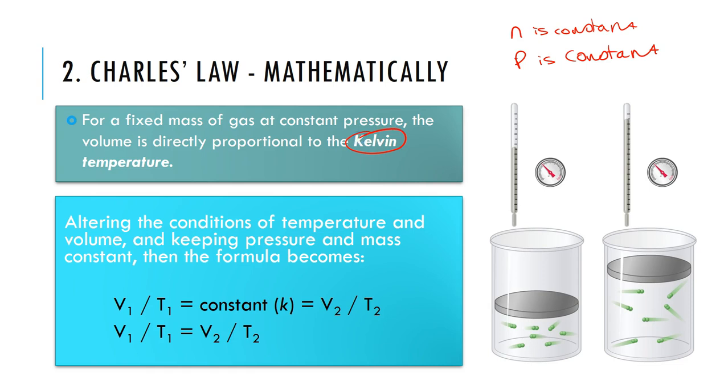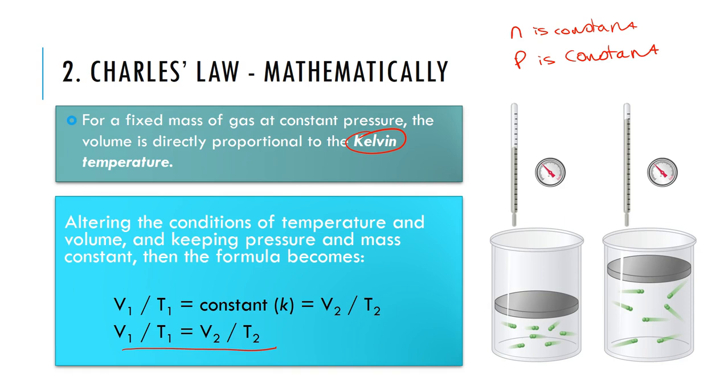So if we alter the conditions of temperature and volume, then what we get is V1 T1, V2 T2, taking exactly the same form as Boyle's law, but this time, because Charles's law is the relationship between volume and temperature, we get V1 over T1 equals V2 over T2.